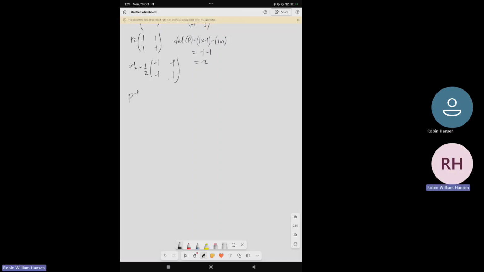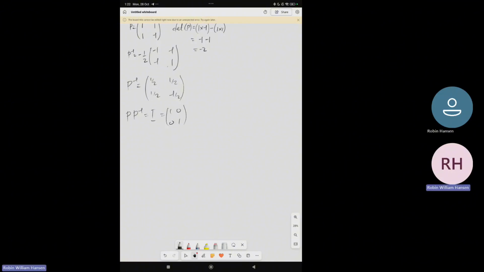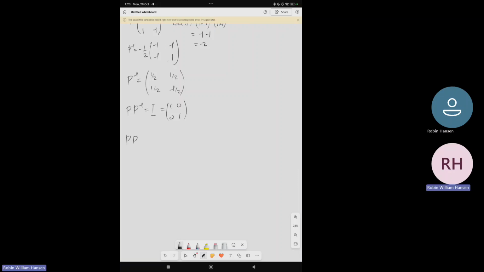So P inverse will be equal to 1 over 2, 1 over 2, 1 over 2, minus 1 over 2. And we know that when you multiply by P inverse, you're going to get the identity matrix, which is 1, 0, 0, 1. So P is 1, 1, 1, minus 1, and P inverse is 1 over 2, 1 over 2, 1 over 2, minus 1 over 2.